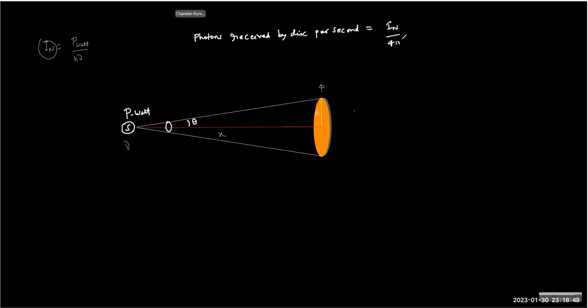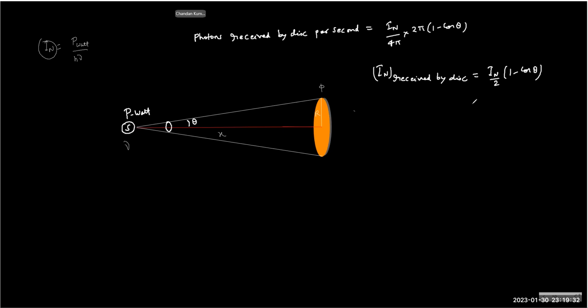So N by 4 pi into 2 pi (1 minus cos theta) is the number of photons received.